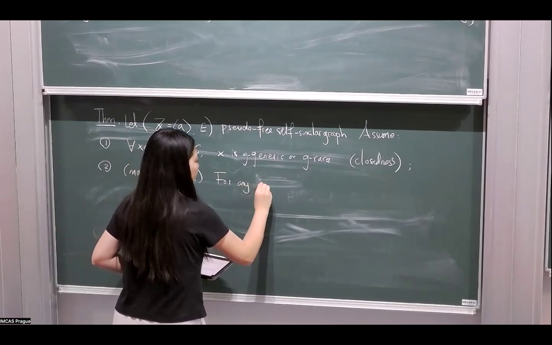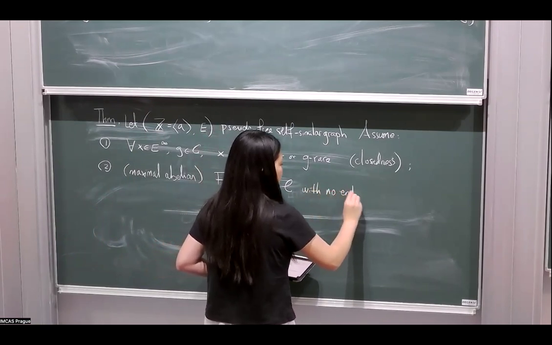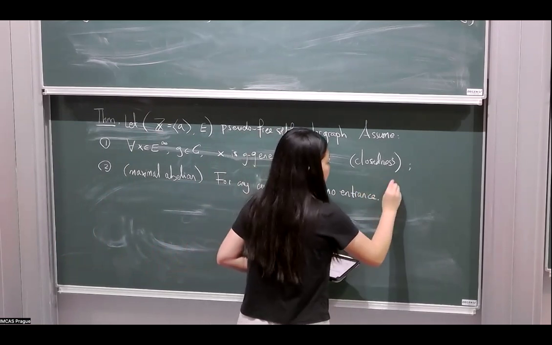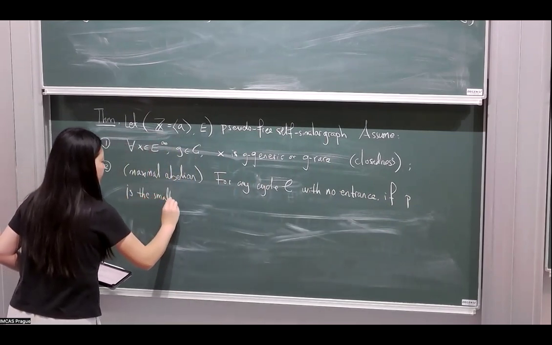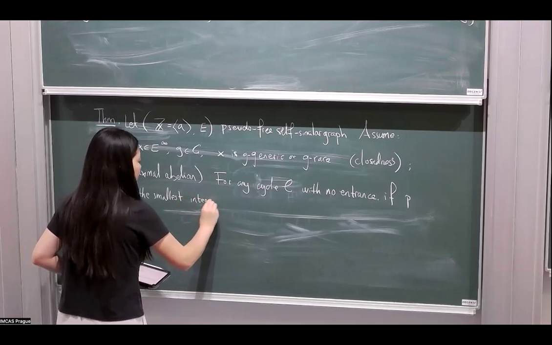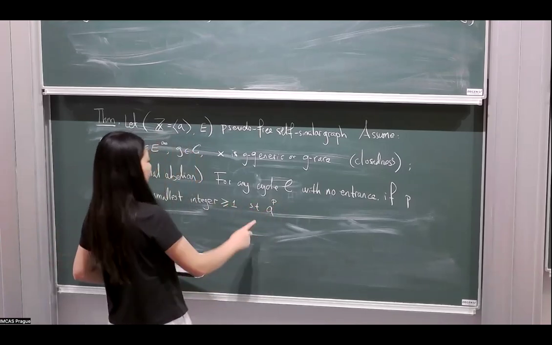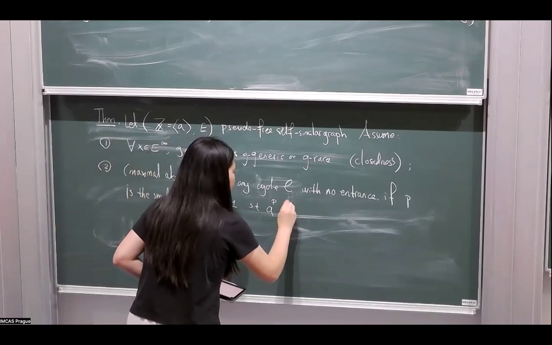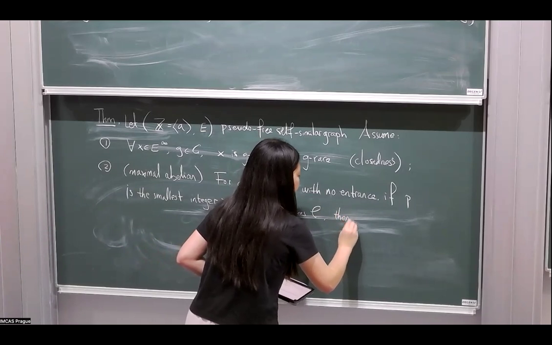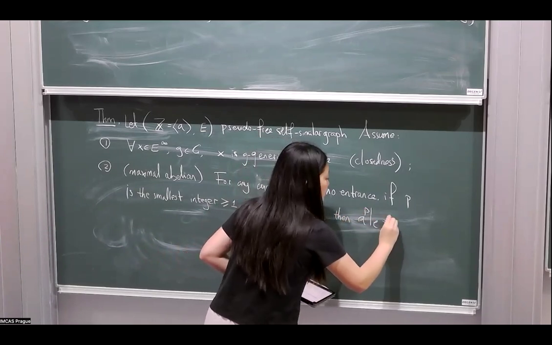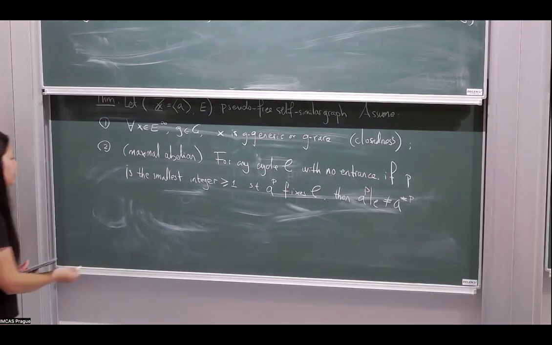For any cycle C with no entrance, if P is the smallest positive integer such that a to the power of P, where a is the generator of Z, fixes C, then a to the P restricted to the cycle is not equal to a to the plus or minus P. So this is really trying to guarantee the maximal abelianness of the isotropy.